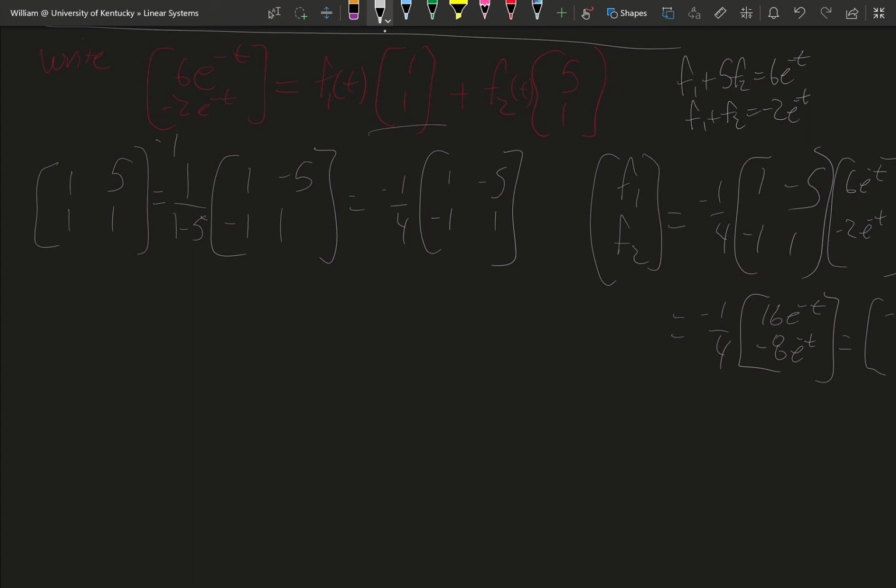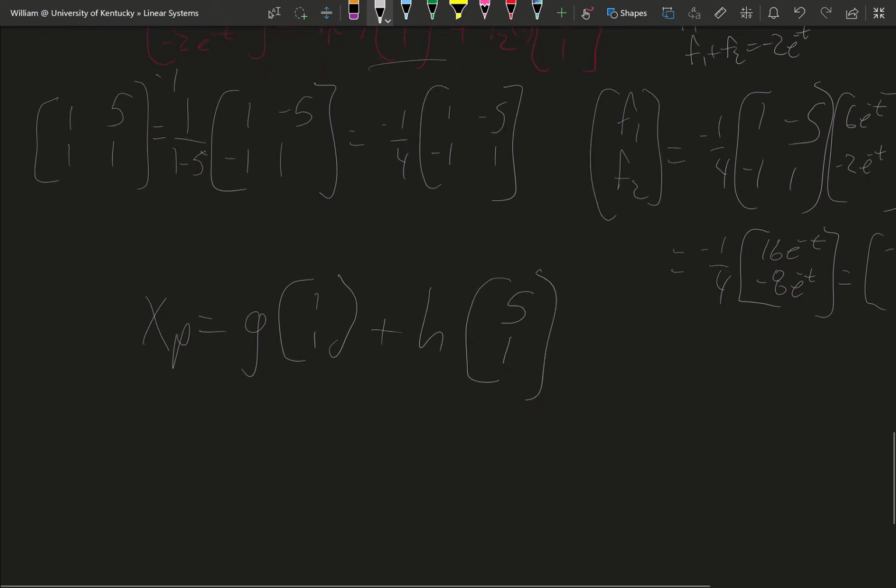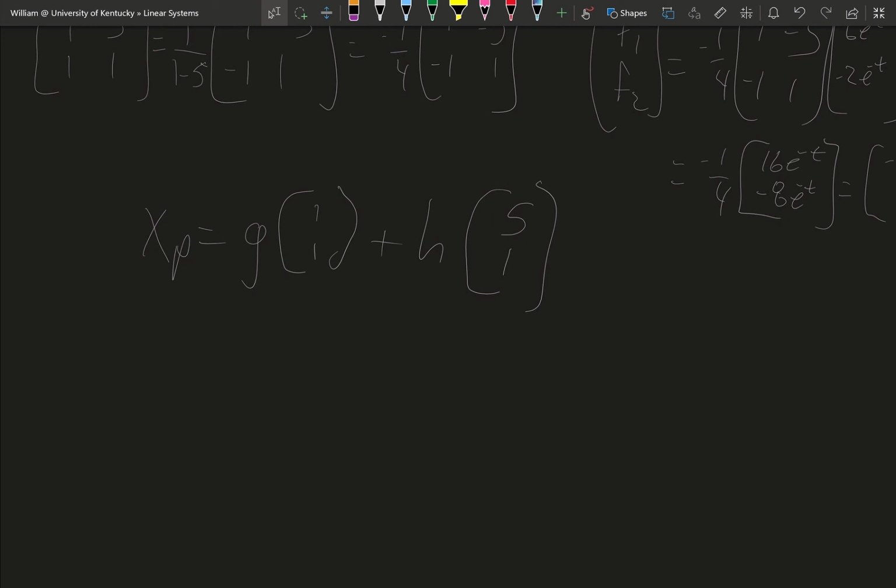Again, I'll say xp equals g 1, 1 plus h 5, 1. I'm not even going to write out the full matrix equation this time.